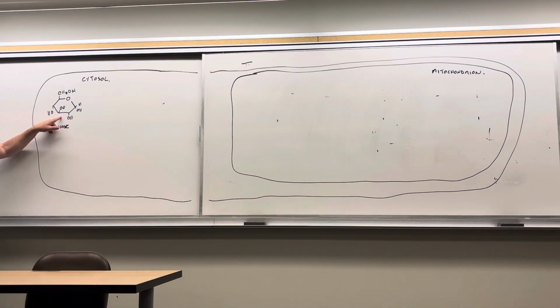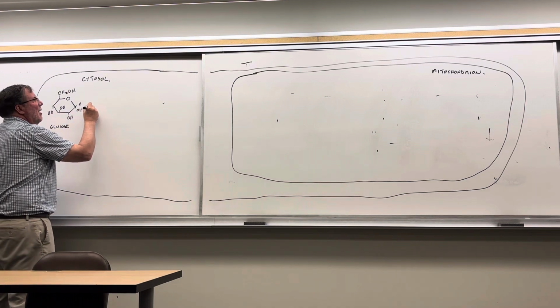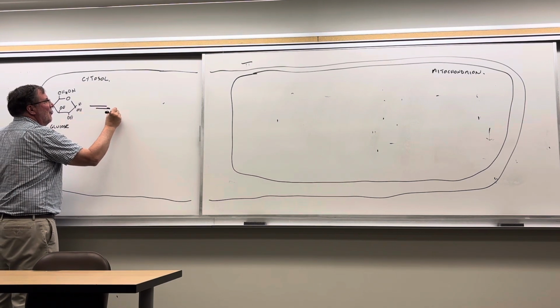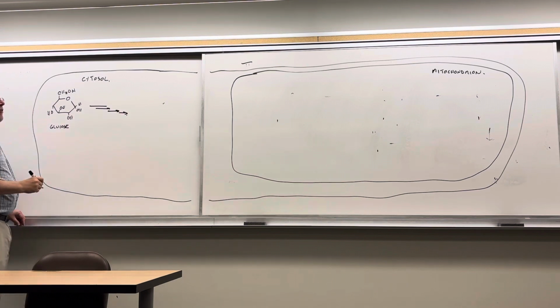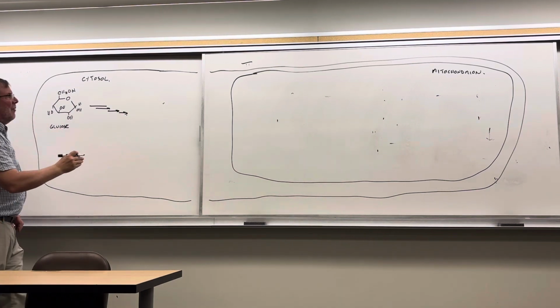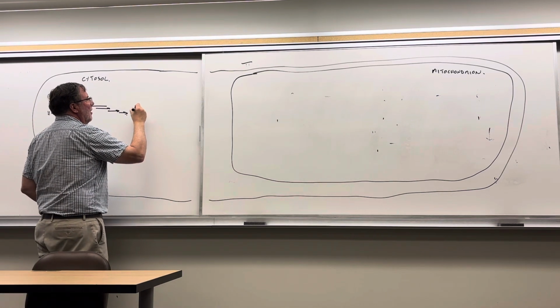What glycolysis is going to do is take the glucose molecule, split it in half, and then also oxidize it just a little bit. So there are 10 reactions of glycolysis, and we're going to generate 2 pyruvate molecules.